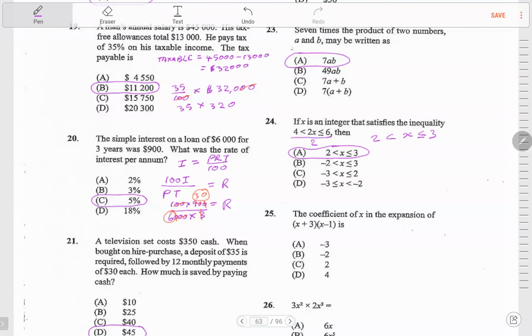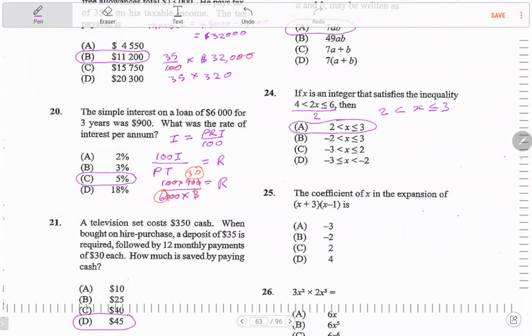The coefficient of x in the expansion. The coefficient of x in the expansion is the far product and the near product. Right, you have to actually expand it out. It will be this x times that, and this 3 times this. This is the coefficient of x with the x term. And so that calculation will give us 3x in the middle, that's here.